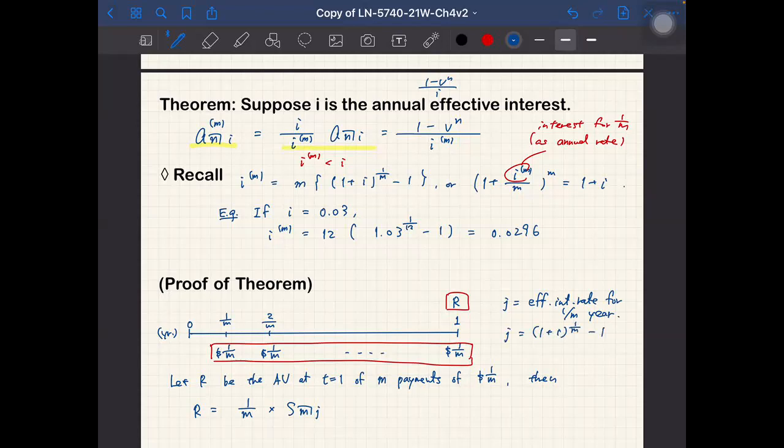By the definition of i superscript m, we can say that mj is equal to i superscript m.